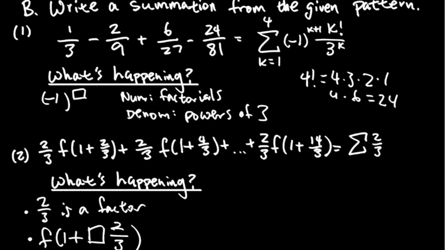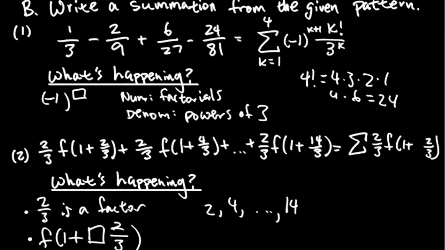So we see that we're going to have 2/3 f of 1 plus something times 2/3. So the first thing is we get 2, then 4, and then continues until 14. So it looks like it's possible then that this is going to somehow get just even numbers. 2, 4, 6, 8, 10, 12, 14.